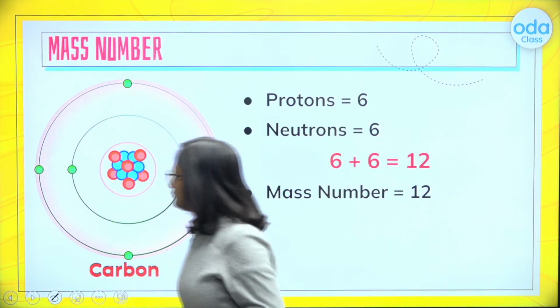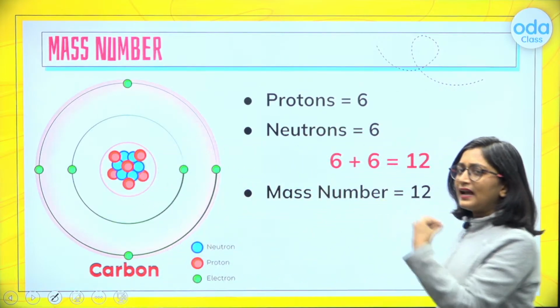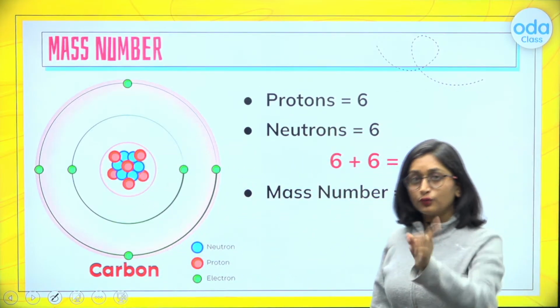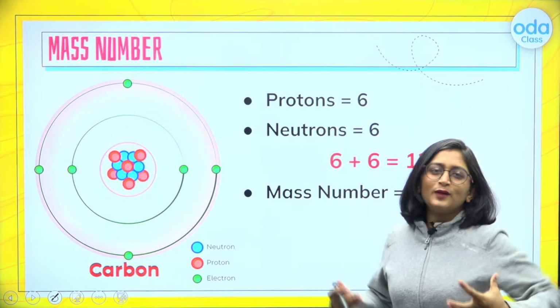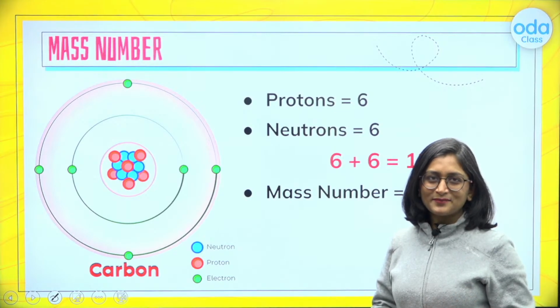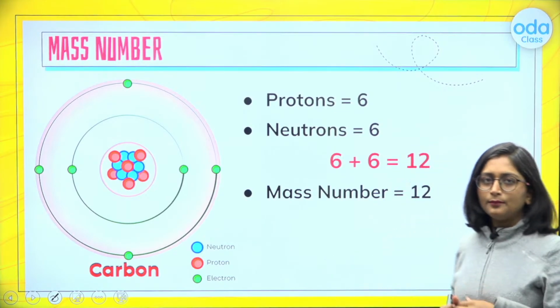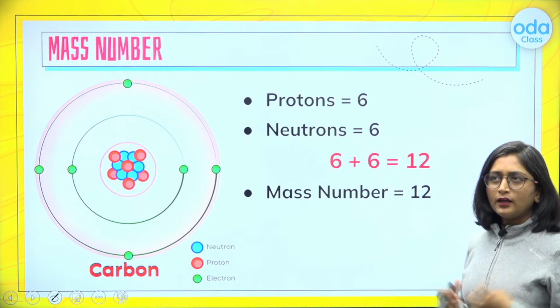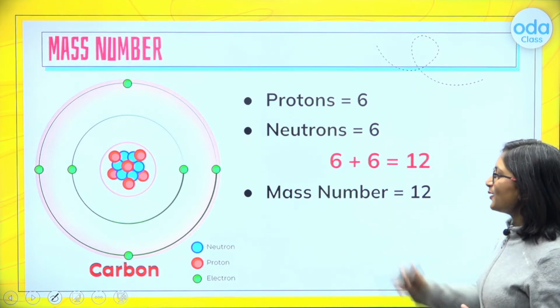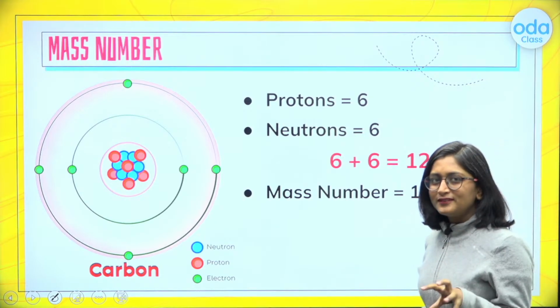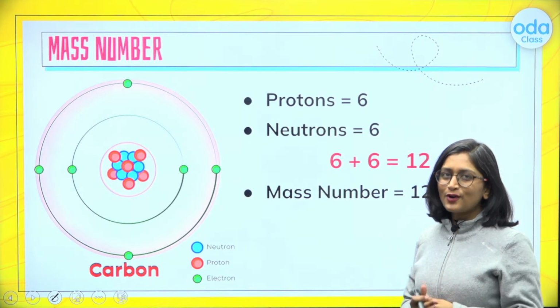Now, when you look into this, you get an idea of what the example would be. So we have to look into the element which is made up of similar kind of atoms. Now in this particular element, can you find out which element we are talking about? Well, we are talking about carbon, and carbon has how many protons?